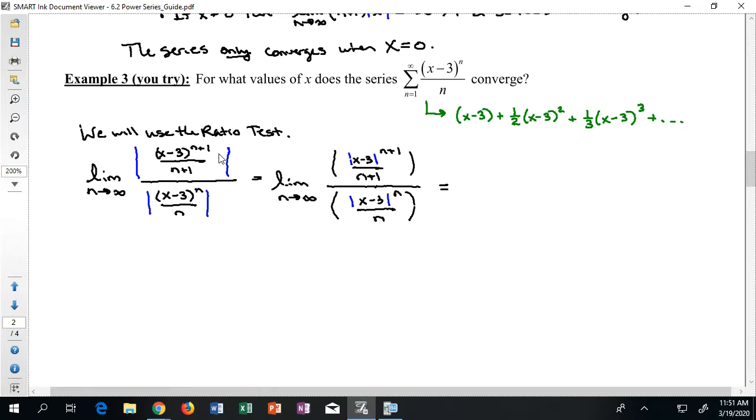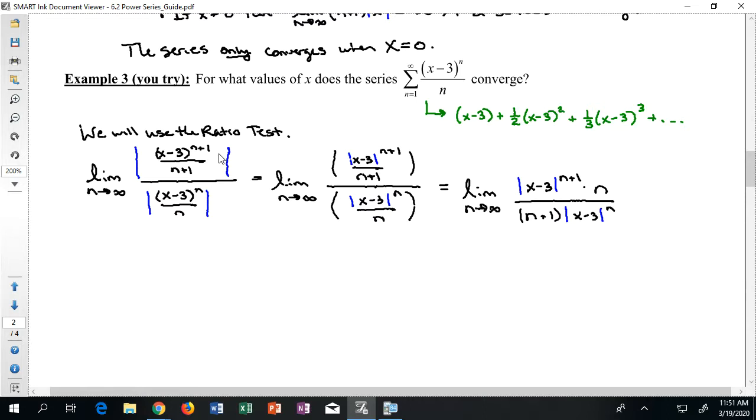I'll then multiply by the reciprocal to make this a little bit easier to evaluate the limit on. You'll see that I'm going to get the absolute value of x minus 3 to the power n plus 1 times n over n plus 1 times one over the absolute value of x minus 3 all to the power n.